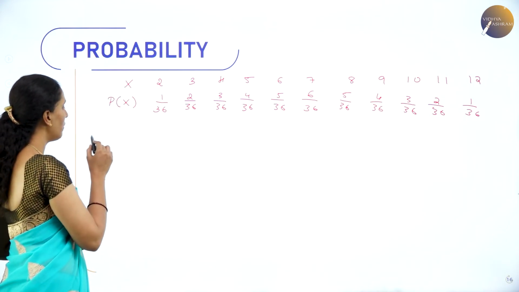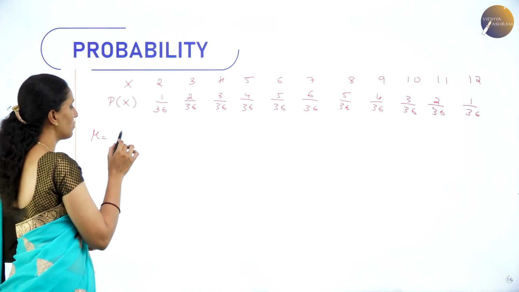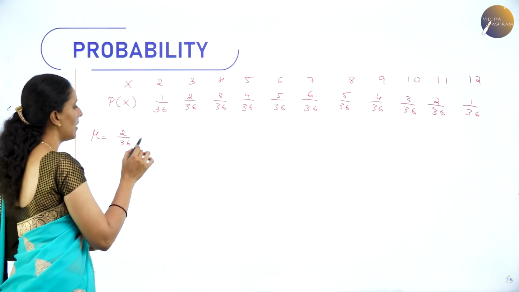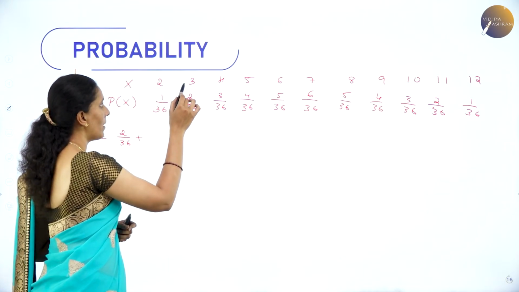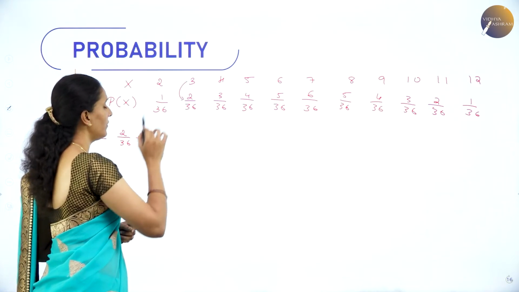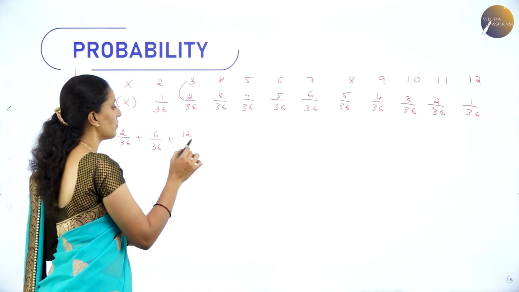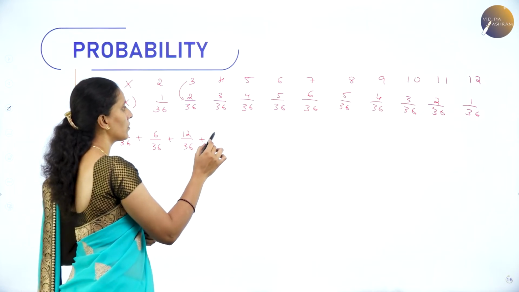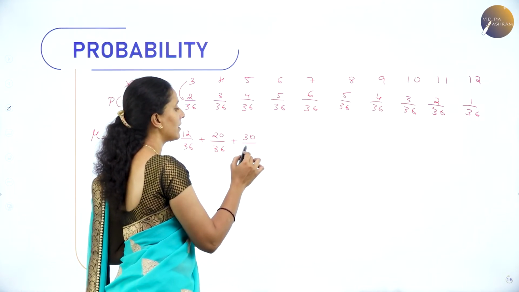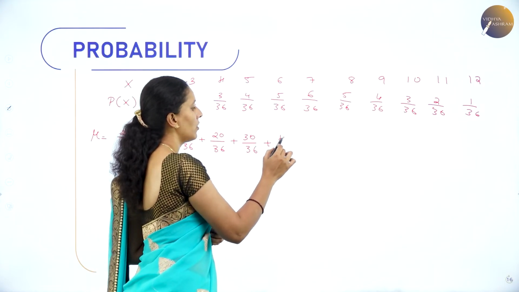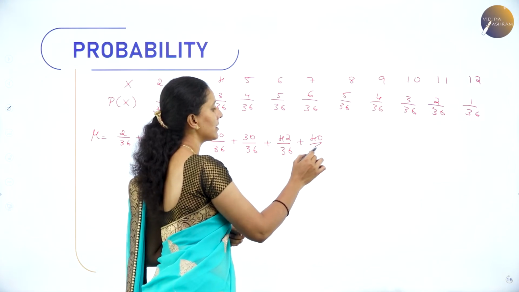So we get mu as 2 into 1 by 6, which becomes 2 by 36, plus 3 into 2 by 36, which is 6 by 36, 4 3s are 12 by 36, 5 4s are 20 by 36, 6 5s are 30 by 36, 7 6s are 42 by 36, 8 5s are 40 by 36.